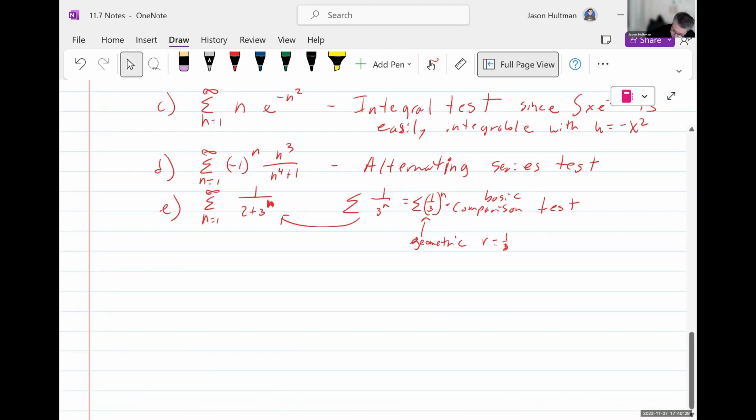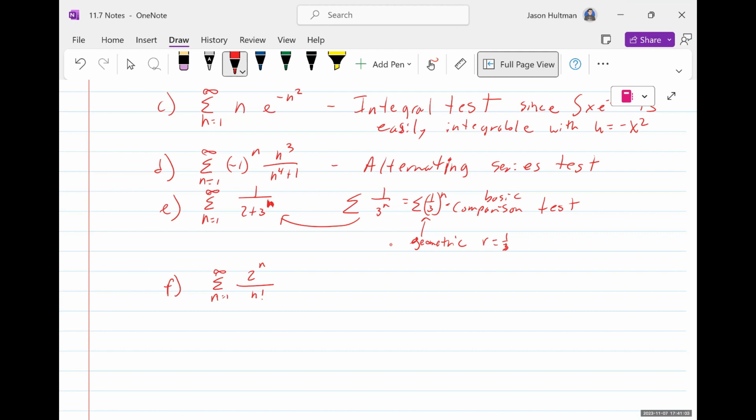Okay, what about F here? F is n equals 1 to infinity of 2 to the n over n factorial. Ratio test.